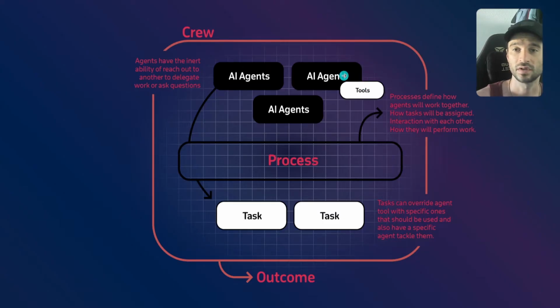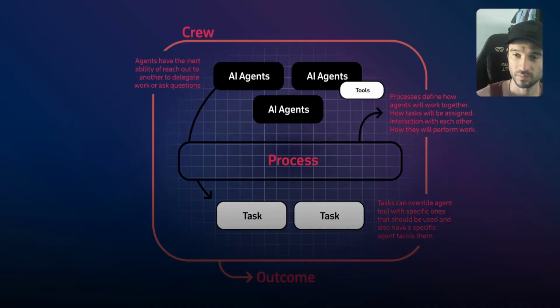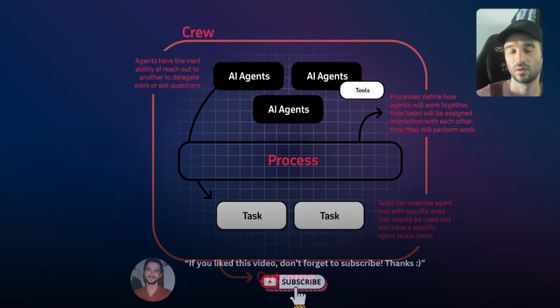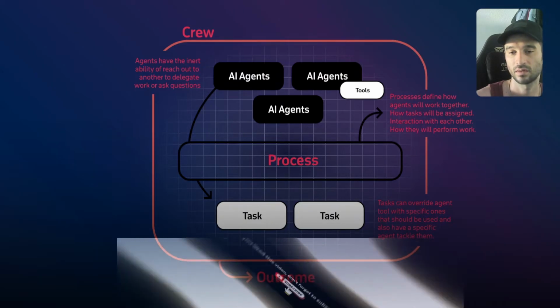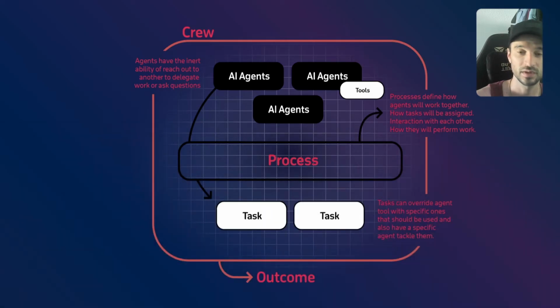Then these agents can use tools, for example a Selenium browser tool or a file tool, CSV tool, and so on. You get the idea. Then we have a task. A task can override an agent's tools with specific ones that should be used for that task. So we can also associate tools with these tasks.